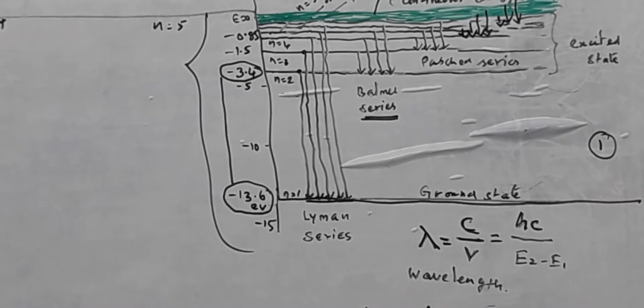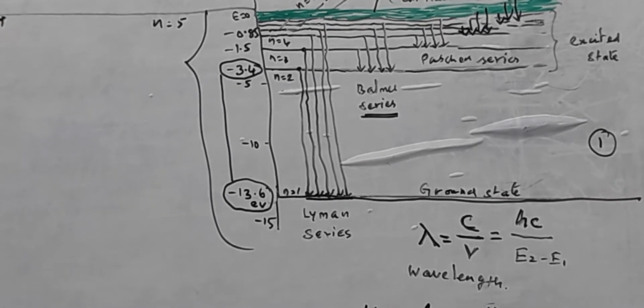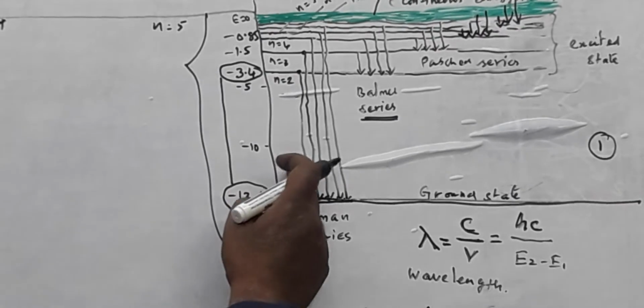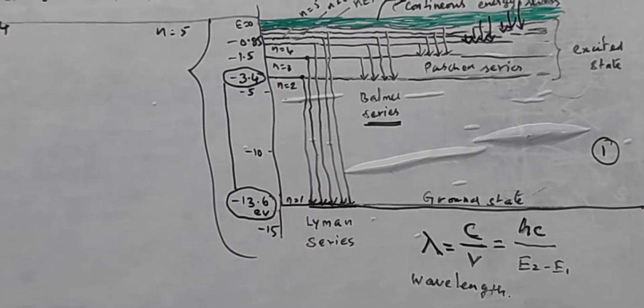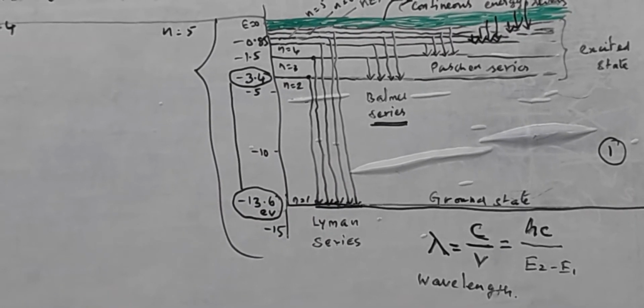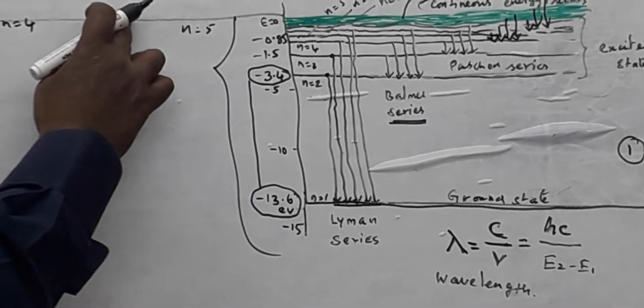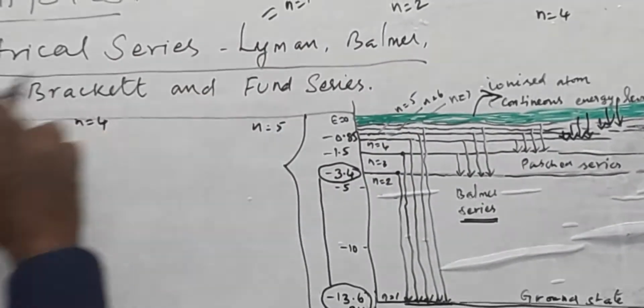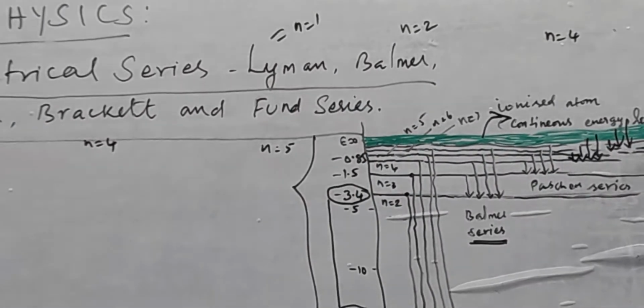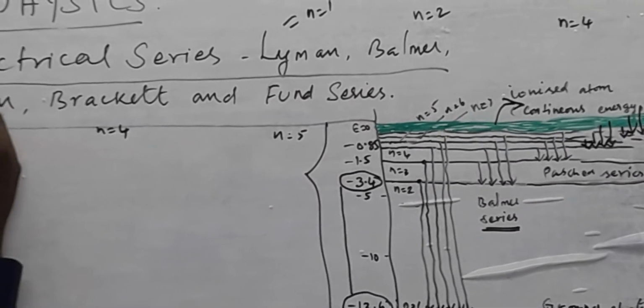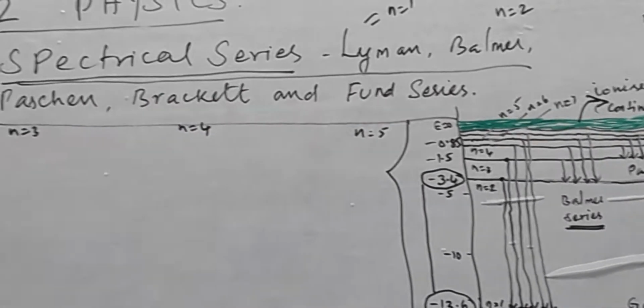So you can calculate the specific wavelength. This is the history of how we obtain the Lyman, Balmer, Paschen, Brackett and Pfund series. These are all called spectral series.